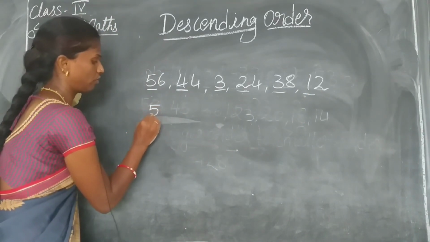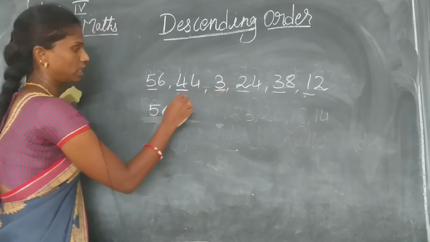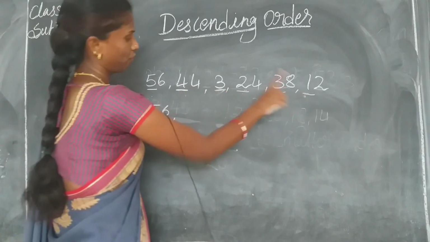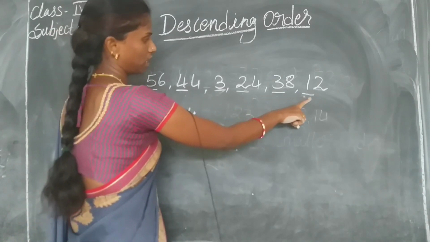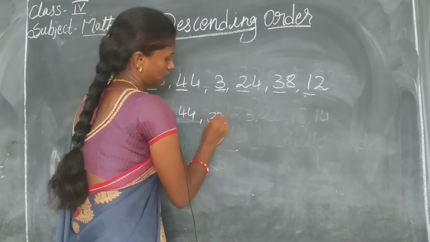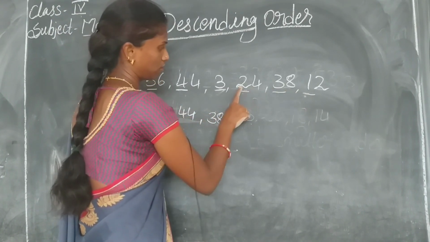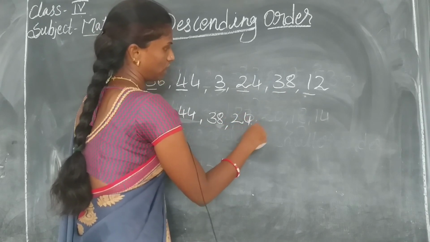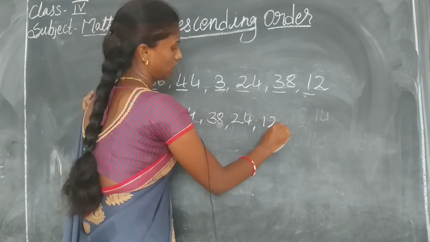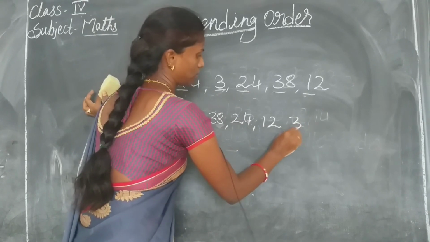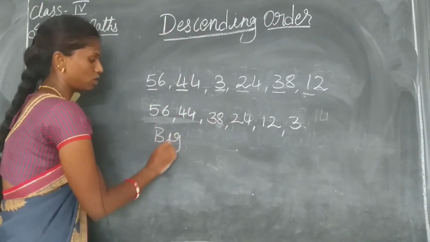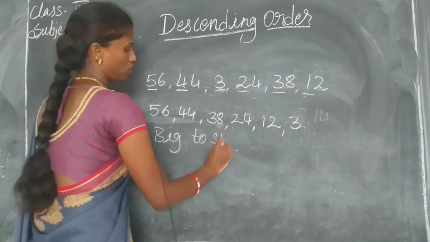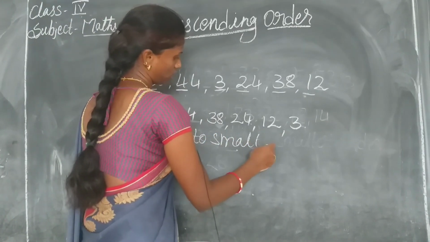So we write 56, and the next number 44, and the next 38, and the next 24, 12, and the remaining single digit number, the last number, that is 3. So here also we have arranged big to small, which is descending order.